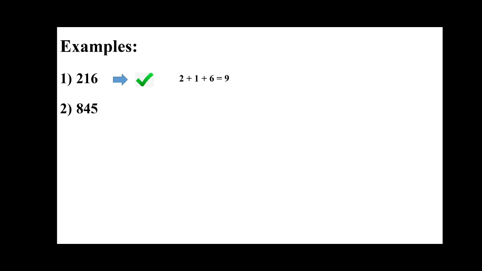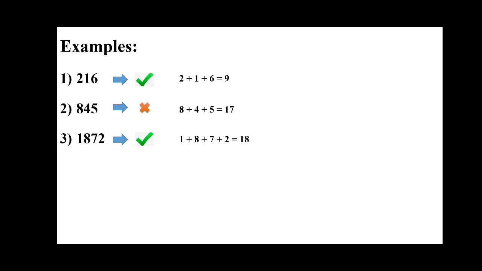Next, 845. 8 plus 4 plus 5 is equal to 17. 17 is not divisible by 9. So 845 is not divisible by 9. Next, 1872. 1 plus 8 plus 7 plus 2 is equal to 18. 18 is divisible by 9.